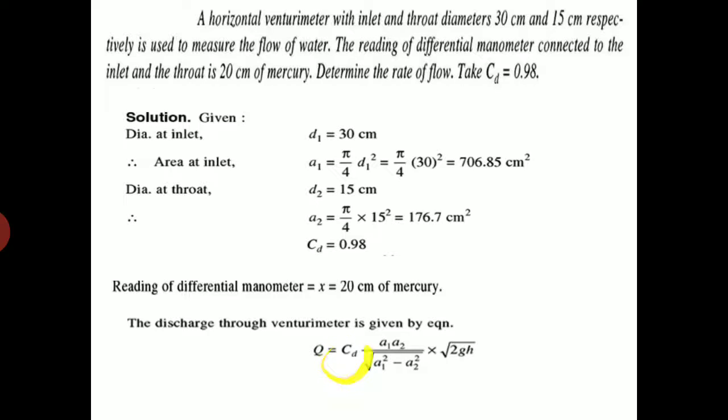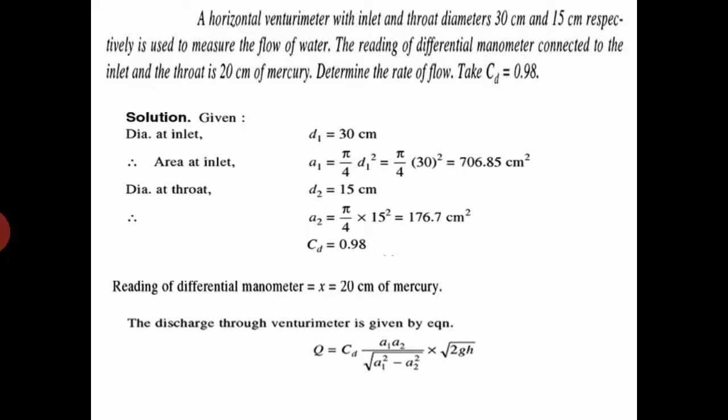So in this, what are the parameters we are knowing? We are knowing the value of CD, which is given as 0.98. We are knowing the value of A1 A2, which we have already calculated since the diameter is given to us. We are knowing the value of 2G, that is 2 into 9.81. We are only not knowing the value of H, but we are knowing the value of X. Through this we can calculate it. In our case, the liquid which is flowing through the pipe is water and the manometric liquid is mercury.